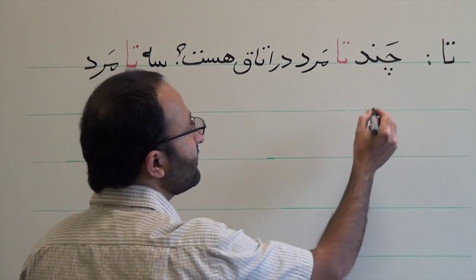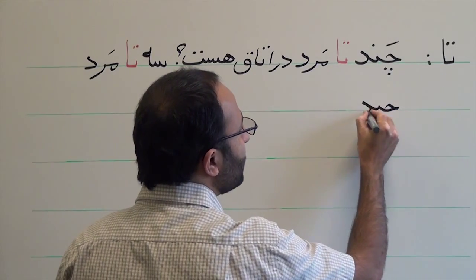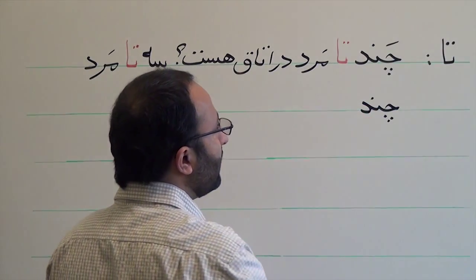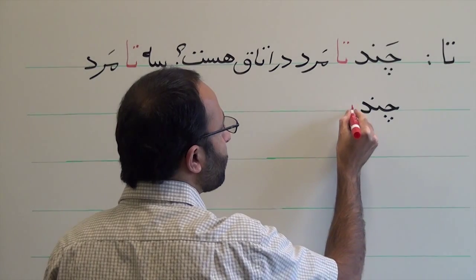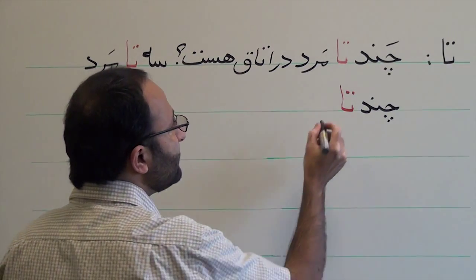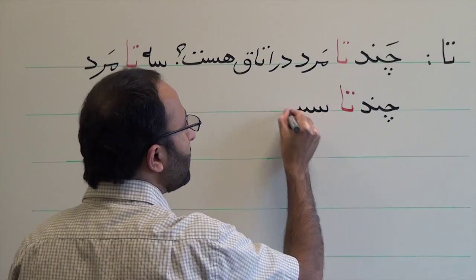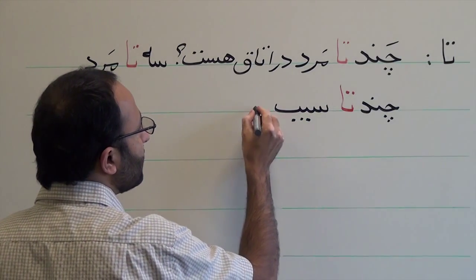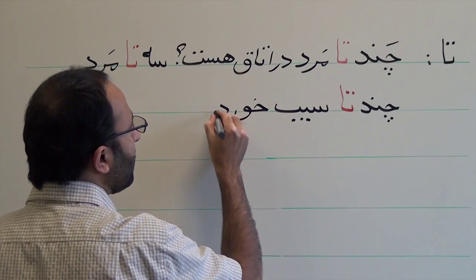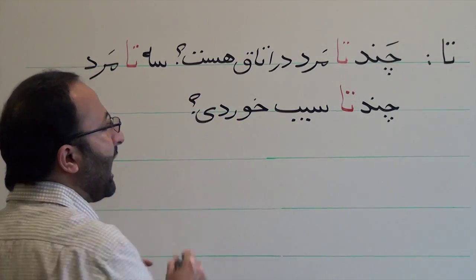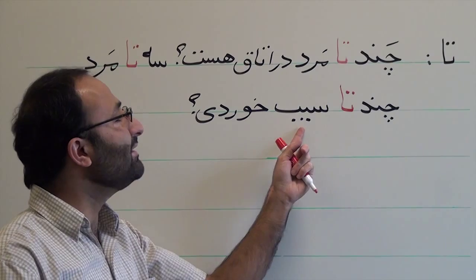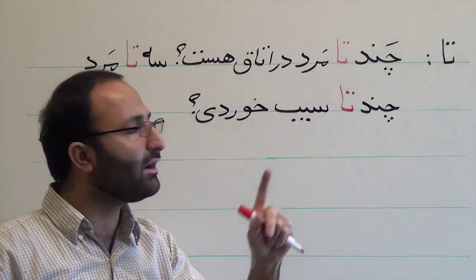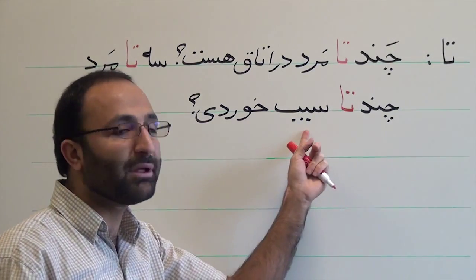This example, for example, چند تا سیب خوردی؟ How many apples did you eat? Literally in Farsi it is how many apple.